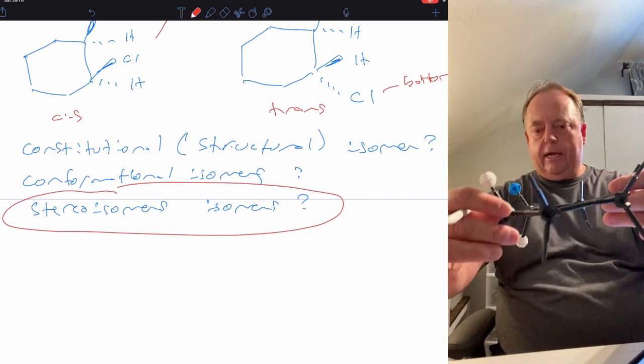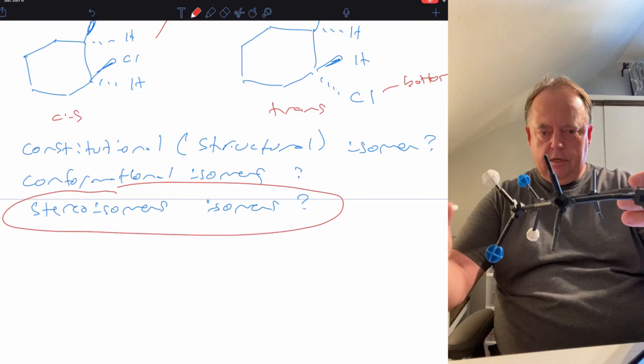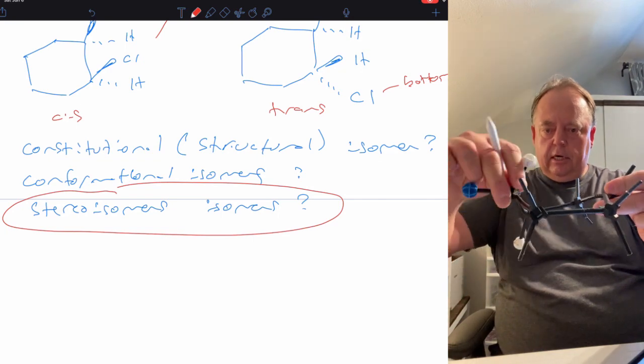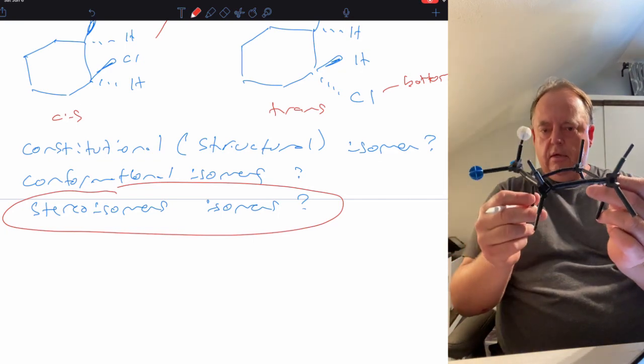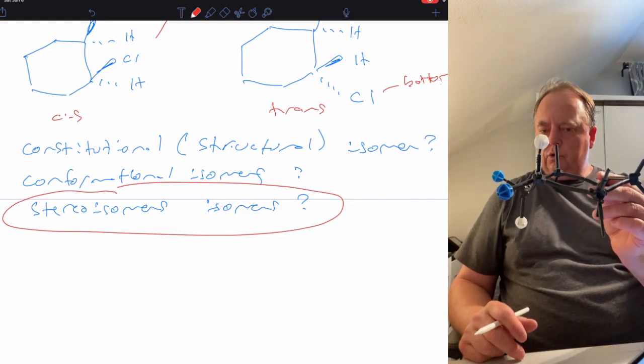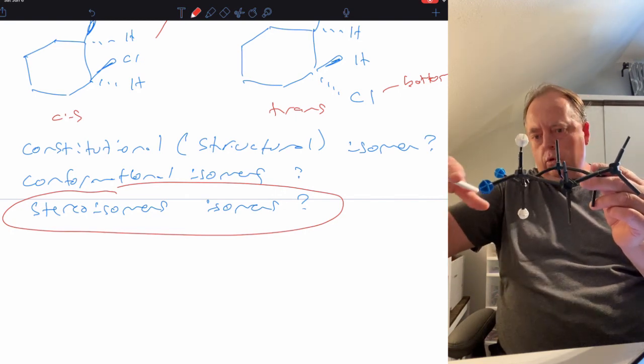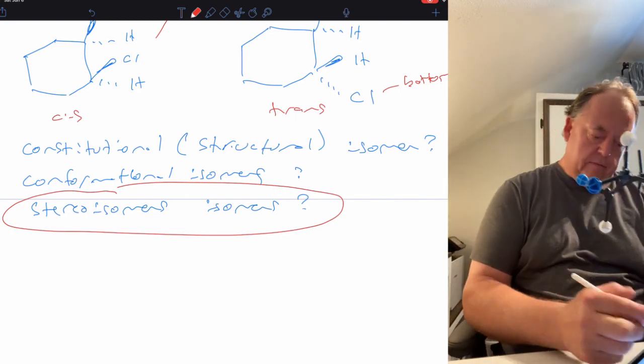Let's start with trans since we have it built. If we start with trans and put that in a chair, if we bend this up and bend that down, then the two blue atoms would be axial or equatorial. Well, they're both somewhat equatorial, or somewhat horizontal, so they would be both equatorial.